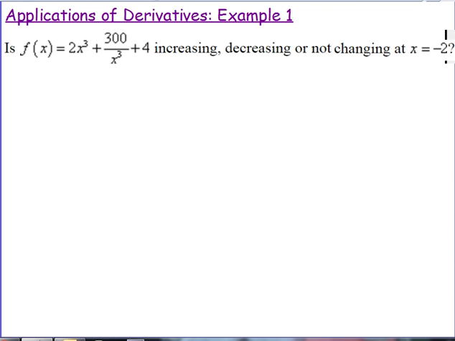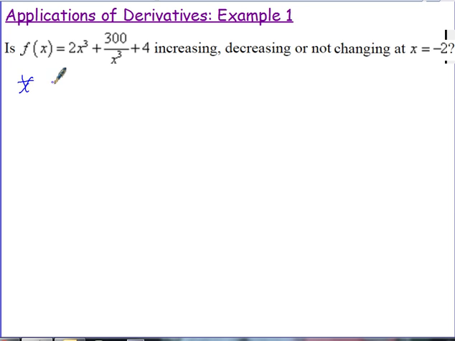Okay? So, first of all, how can I tell if a function is increasing, decreasing, or not changing without the graph? So, all you have to do, guys, here's your key.